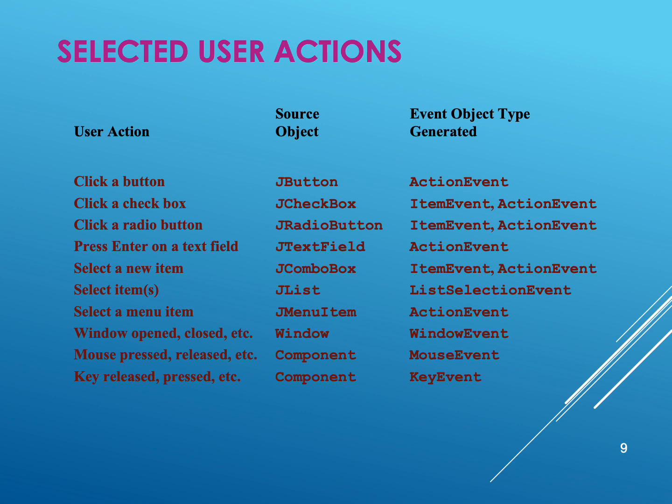For example, when you click a button, you are using a JButton and it generates an ActionEvent. If you are typing something using your keyboard, the component is the source object, and the event generated is a KeyEvent. If you are pressing your mouse, that is also a component as the source object, but the event that is generated is called MouseEvent.